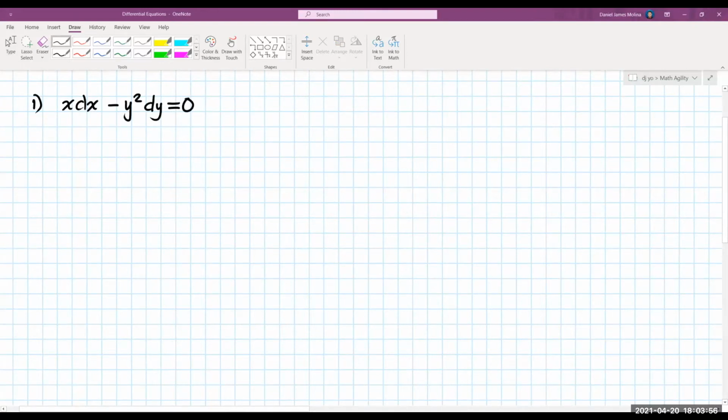So noticing from our problem, this is already a variable separable differential equation.